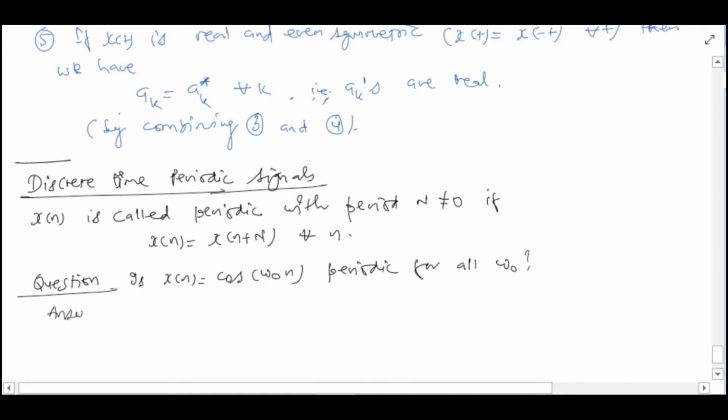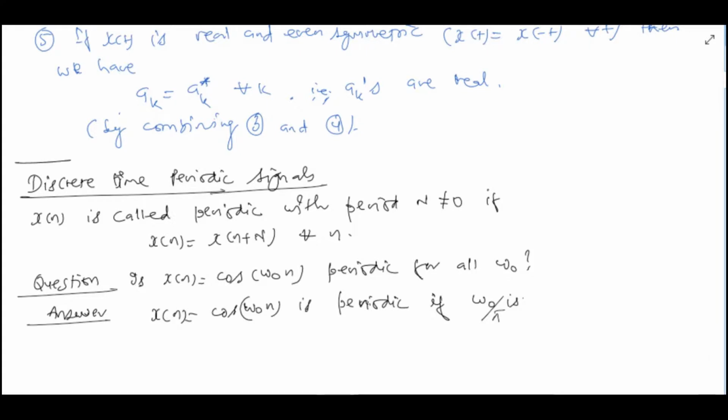Answer is, x[n] equals cos(omega naught n) is periodic if omega naught by pi is rational.